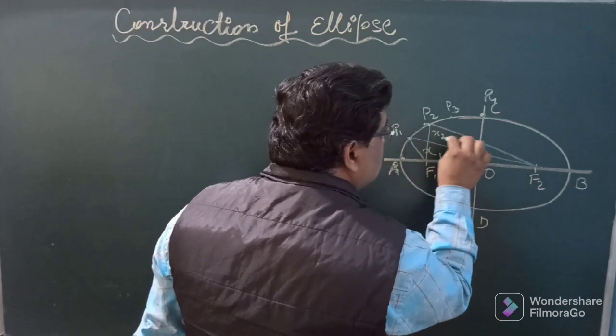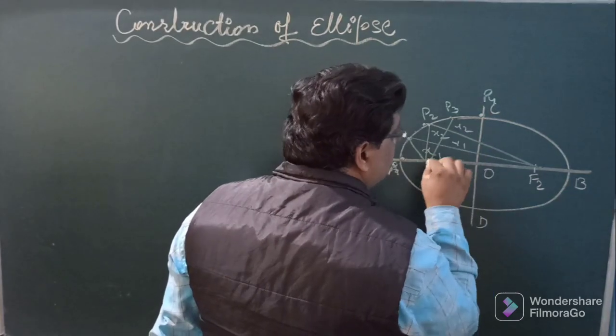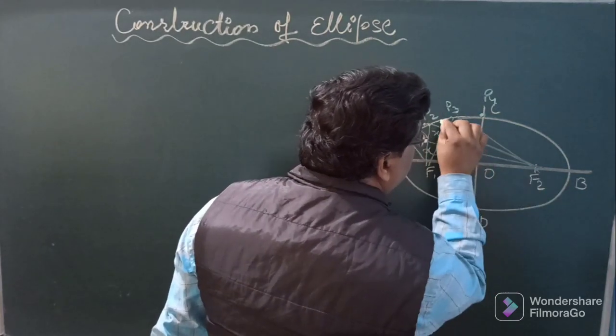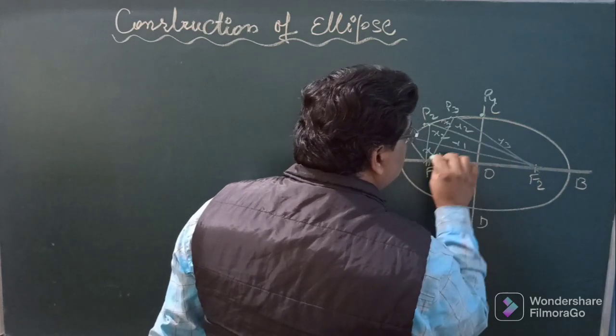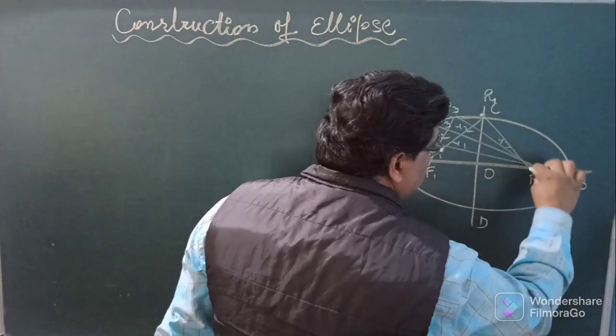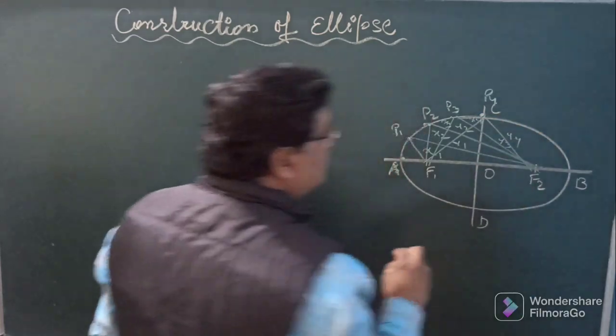So this is x2, y2. P3 also may be joined like this, x3, y3. P4 may also be joined in this manner. So this is x4, y4.